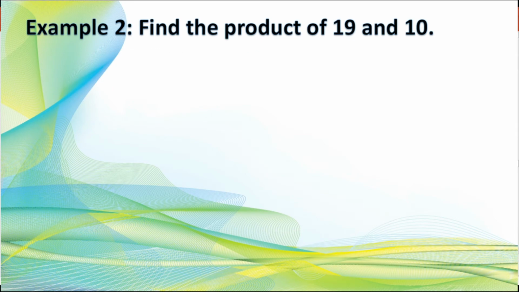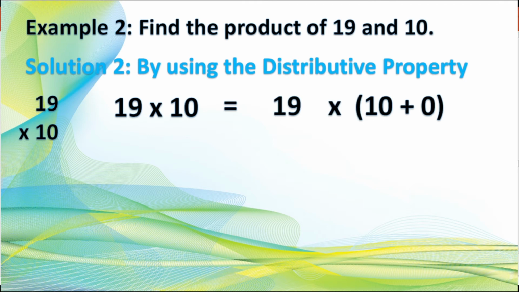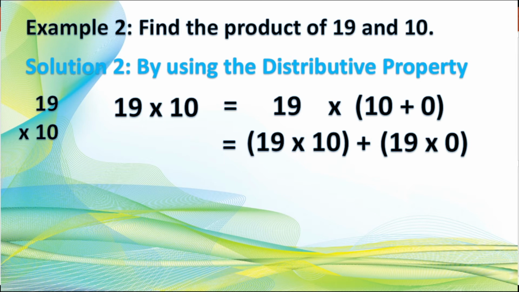Example 2. Find the product of 19 and 10 by using the distributive property. 19 times 10 is equal to 19 times 10 plus 0, which is equal to 19 times 10 plus 19 times 0. 19 times 10 is equal to 190.